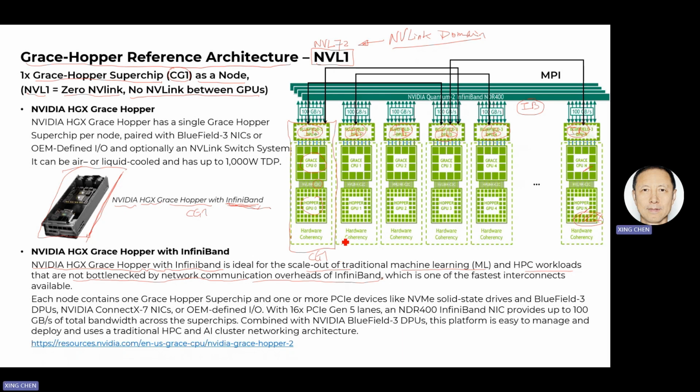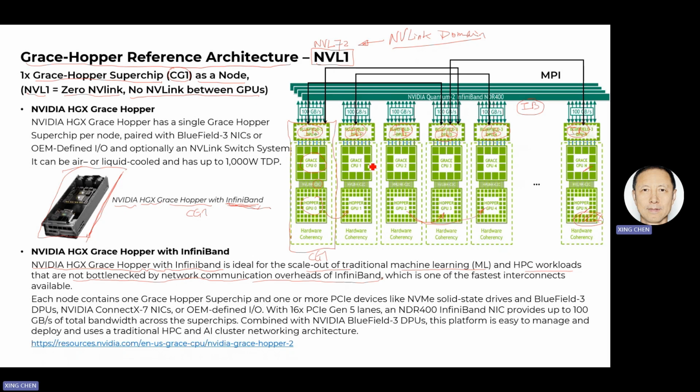But there is a case where there is a need for a GPU to communicate with another GPU. For example, GPU 0 wants to communicate with GPU 1, or GPU 2 wants to communicate with GPU 3, or GPU 2 also wants to communicate with GPU 4, that's possible.